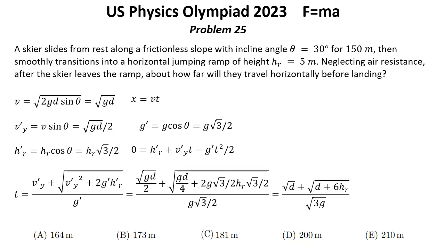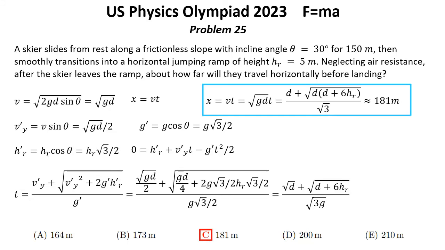The last step is to find the total horizontal distance. That will be v multiplied by t, which is about 181 meters. That's answer C, and that was the solution for problem number 25.